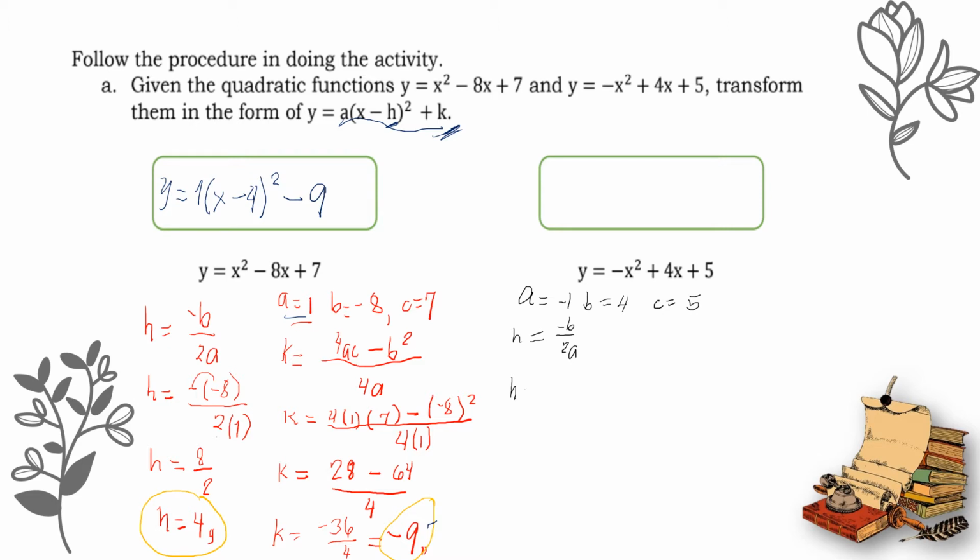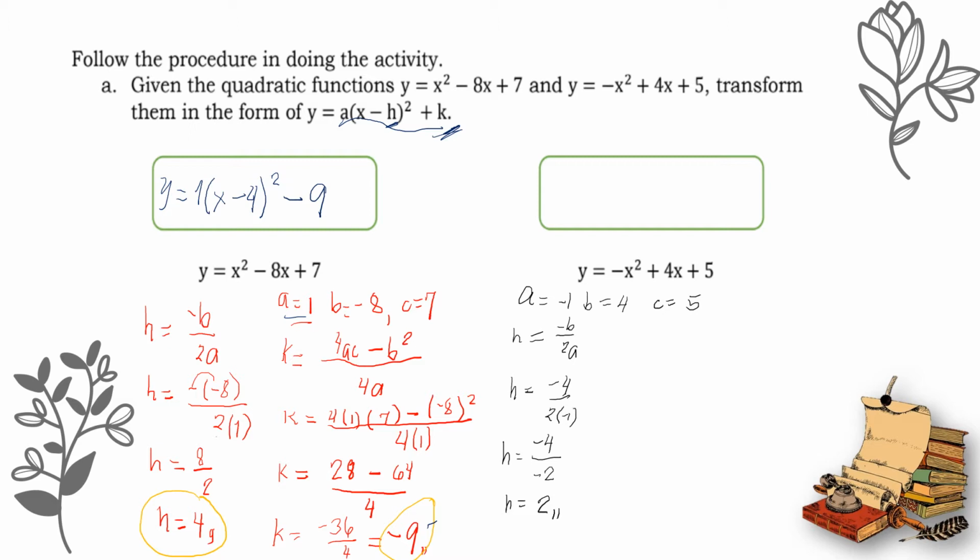So, H now is equal to, ang B po natin ay 4. So, magiging negative 4 divided by 2 times negative 1. So, H now is equal to negative 4 over 2 times negative 1, that is negative 2. Therefore, H natin ay equal to positive 2.